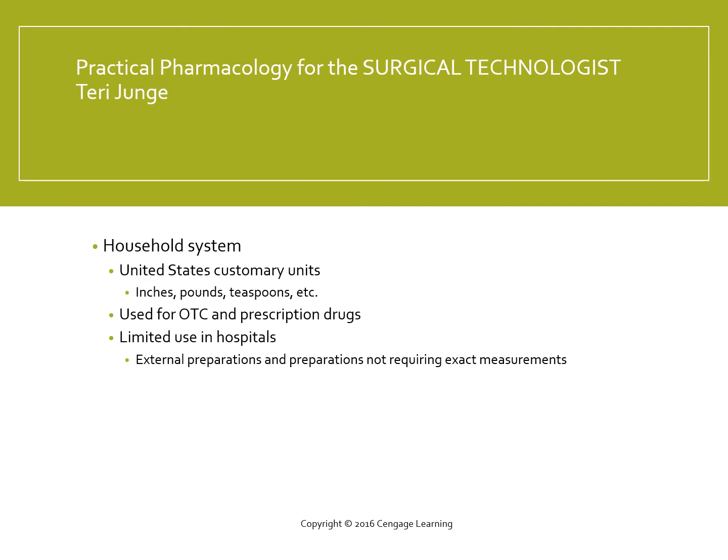So in the United States, we primarily use the household system to determine length and weight and volume. So here we're talking about inches, feet, yards, ounces, pounds, tons, teaspoons, tablespoons, ounces, cups, pints, quarts, gallons. Think about you're in your kitchen making a cake or something like that, and it calls for 1 cup of flour.